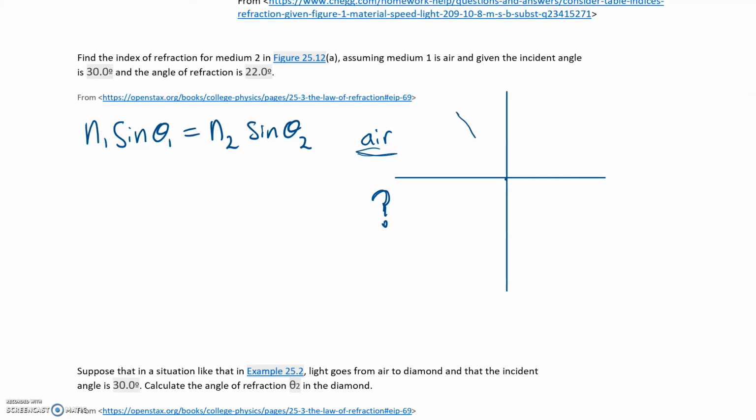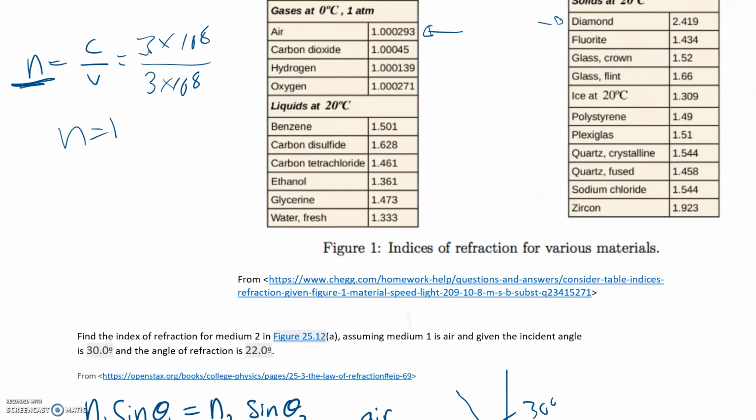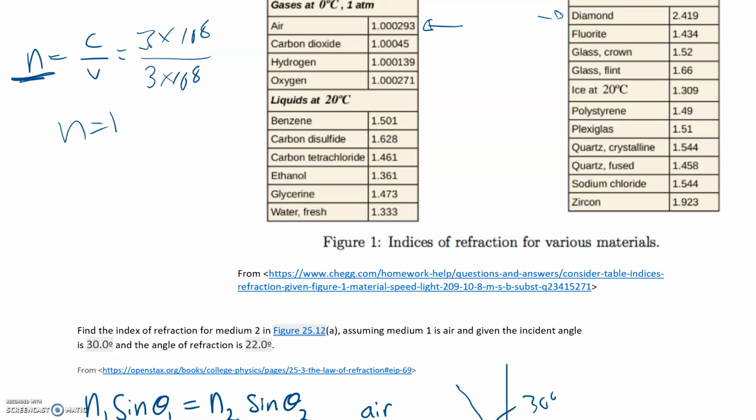Here we have light traveling in at an angle of 30 degrees, the incident angle. It hits, and then it's refracted and changes angle as it goes into a different substance, to 22 degrees. We can plug those into the equation. We also have to look for n for air. Remember, it is 1.